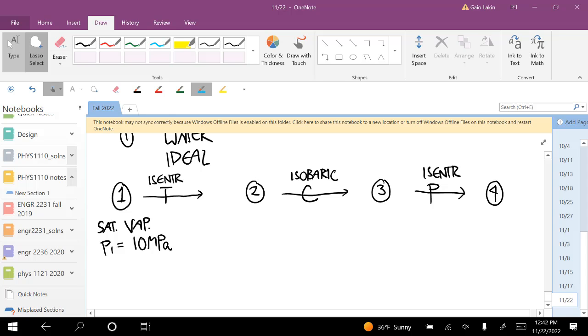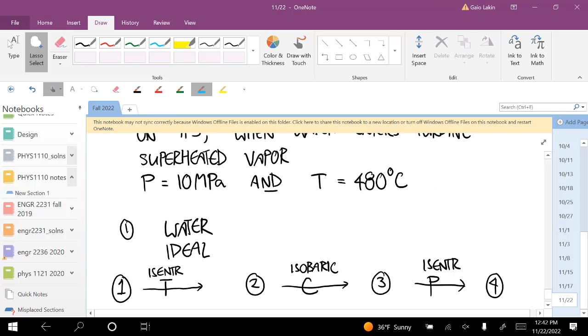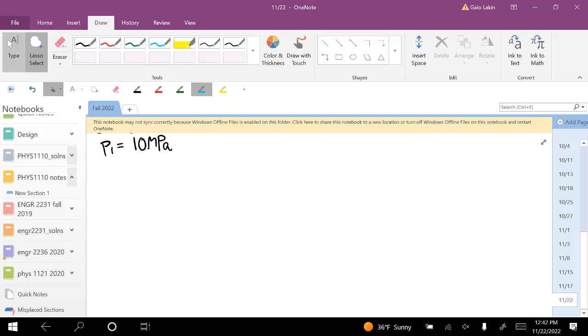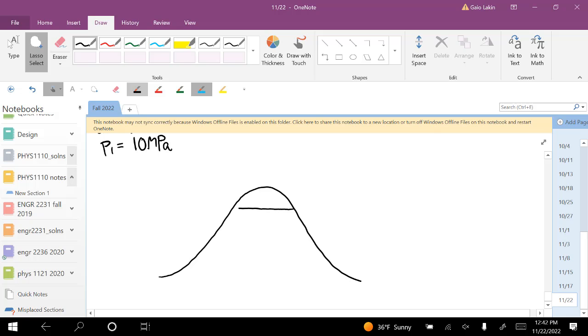The condenser pressure, okay, so what do we have at the beginning and end of the condenser process? I didn't draw the diagram, but let's draw it. Okay, so here's state 1.